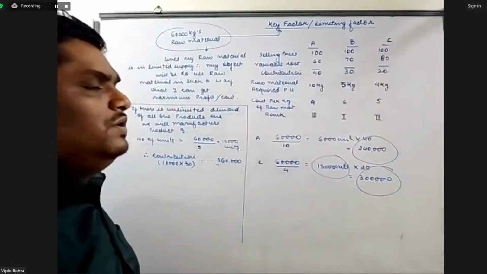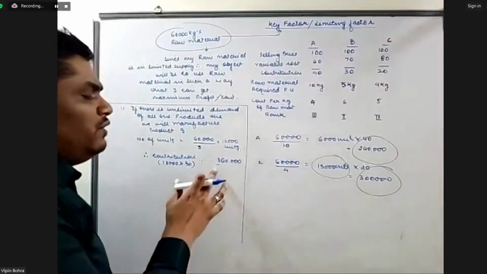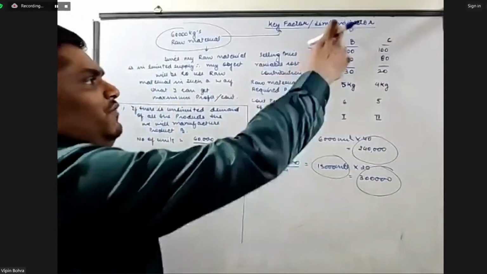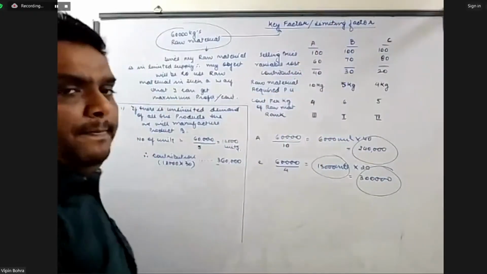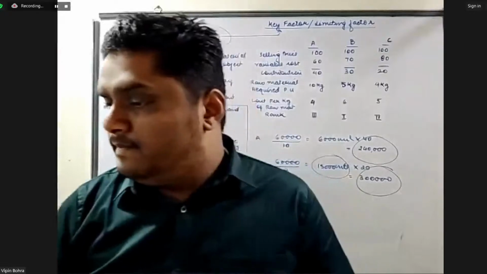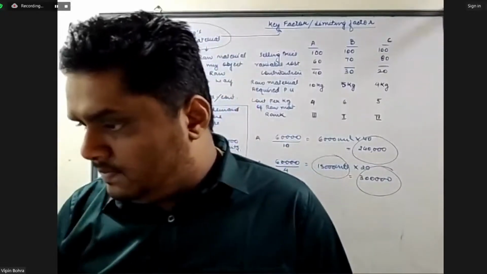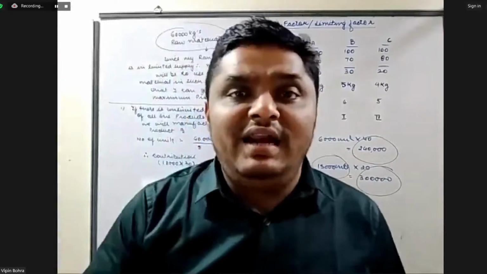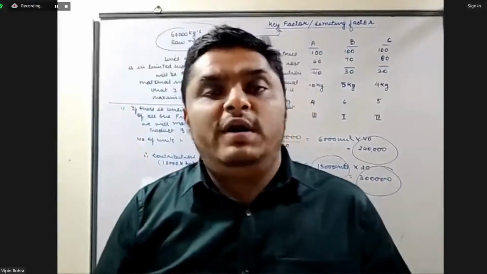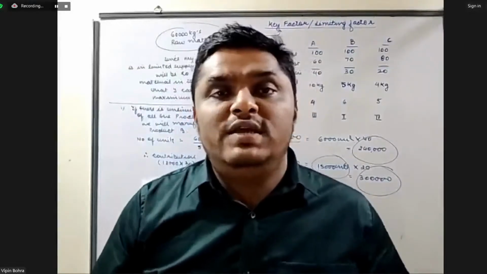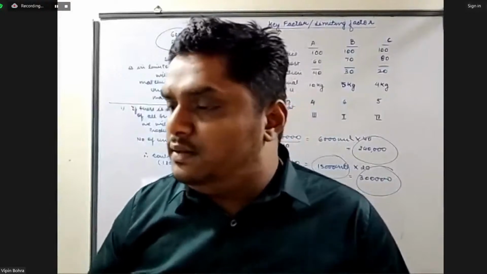So my contribution will be 3 lakh. So we can see that contribution is highest if we manufacture product B. A, B, C are the final products, and these products are manufactured using one type of raw material, Sanya.